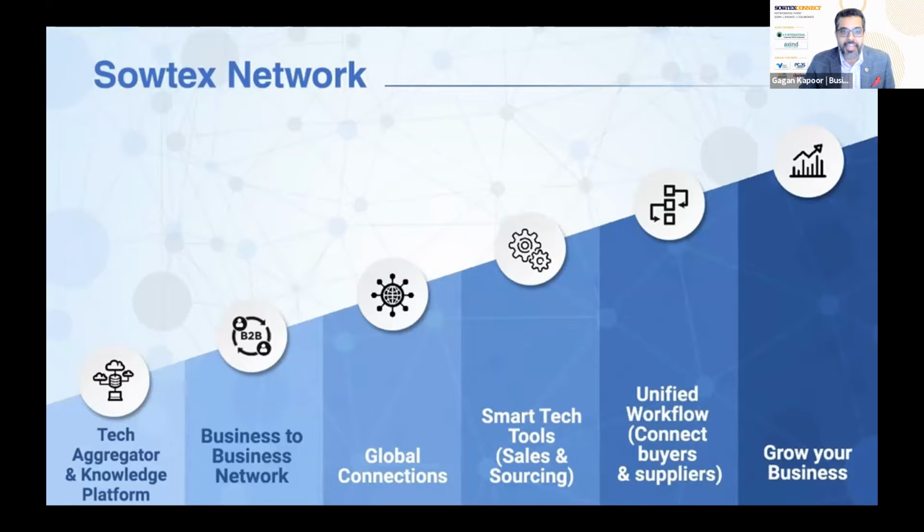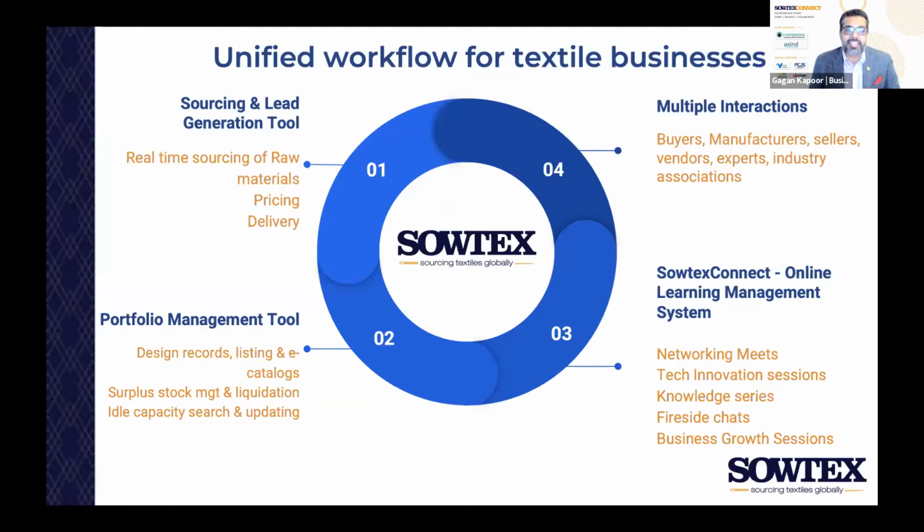The ultimate aim with all of this is the growth of each and every business. What do you see at Sotex when I say unified workflow? On the left-hand side, we bring in a sourcing and lead generation tool: real-time sourcing of raw materials, pricing and delivery. Then portfolio management, which is design records, listing, and e-catalogs, surplus stocks management and liquidation, idle capacity search and updating.